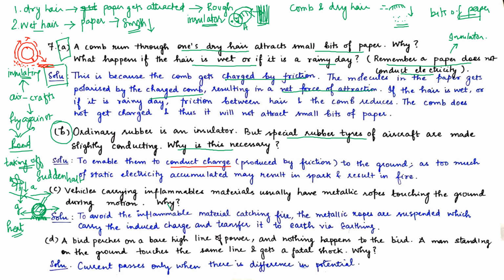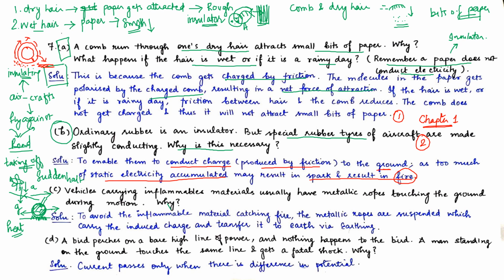These conducting wheels play a major role in earthing of charges from the aircraft, produced by friction of the tire to the ground, as too much static electricity accumulated may result in spark and result in fire, okay. These concept number 1 and concept number 2, as far as we know, we have read in chapter 1 itself. In chapter 1 this concept was made clear in the introduction part itself.